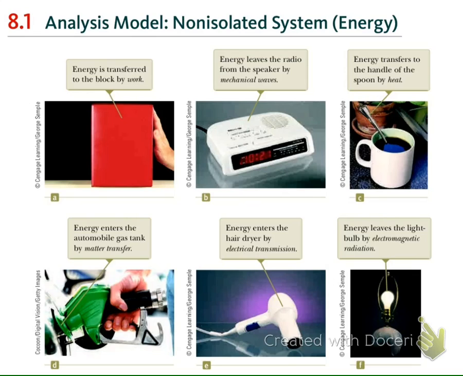For example, if you look at this figure, you can see that the energy is transferred to the block by work. This is solely the mechanical energy. This man pushes the block, he does work, and the work is the energy transfer from this man to the block.